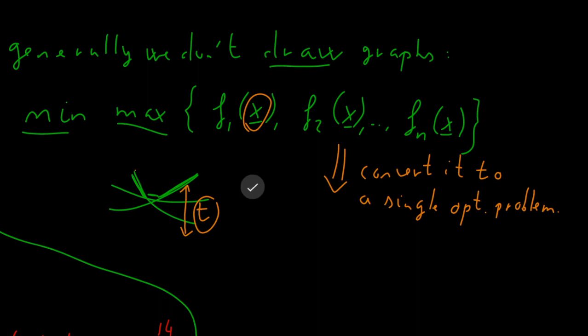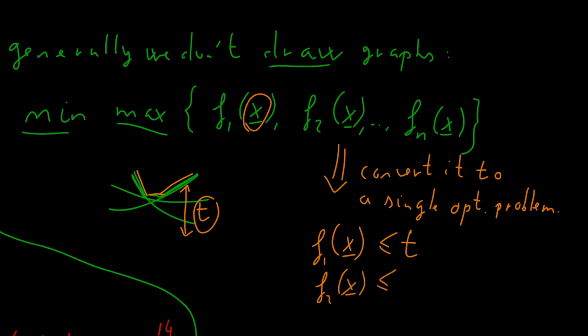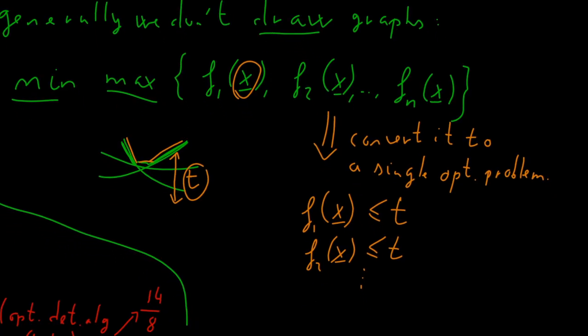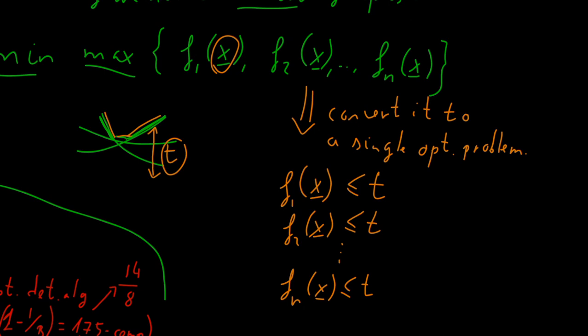This will denote the maximum of these functions. And we just write down that f1(x) is smaller than or equal to t, and then f2(x) is also smaller than or equal to t, and so on. Of course, each of these functions will get a value which is at most as large as their maximum. And then I have a set of inequalities, and I want to minimize the t.